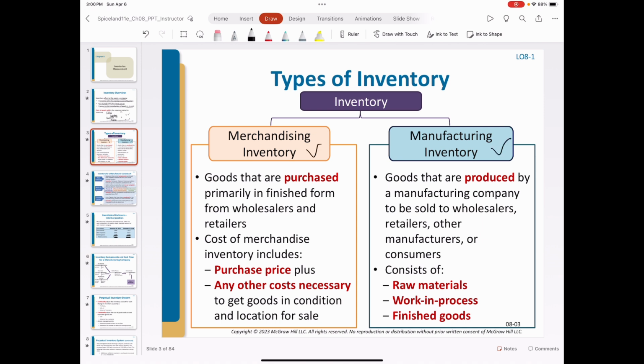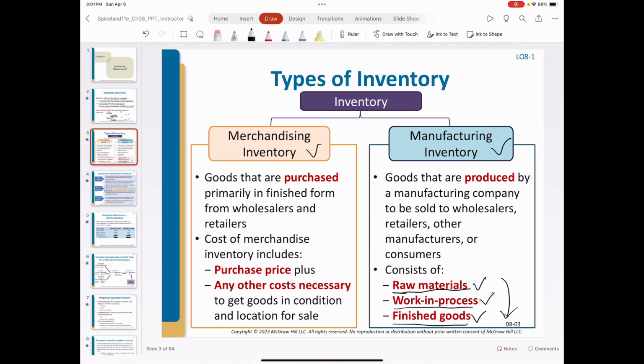Manufacturer inventory is more complicated because the assets are held not just for sale, but for production. So manufacturers usually report inventory in three different layers: raw material, work in process, and finished goods. And the three layers of inventory also represent the degree of completion.